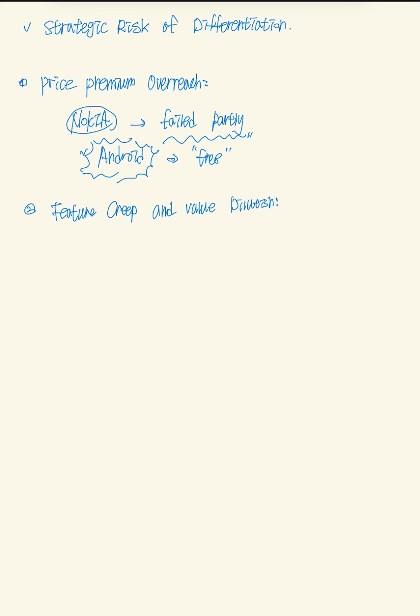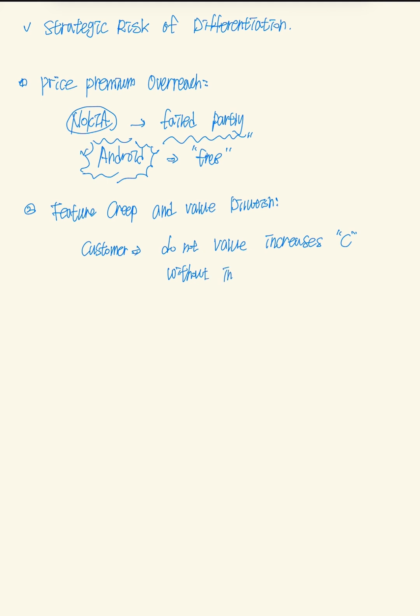So adding features that customers do not value increases C without increasing V. So customer do not value increases C without what?